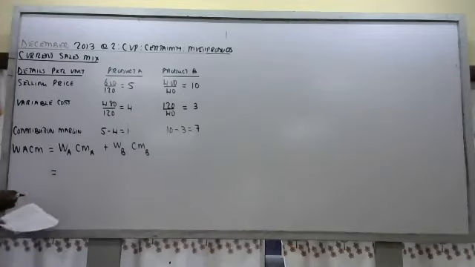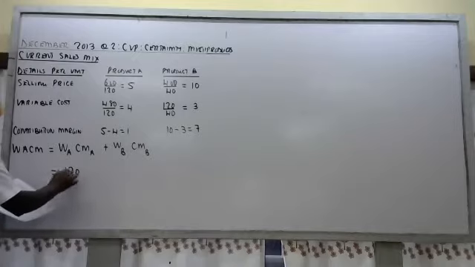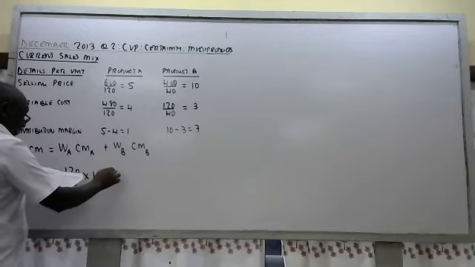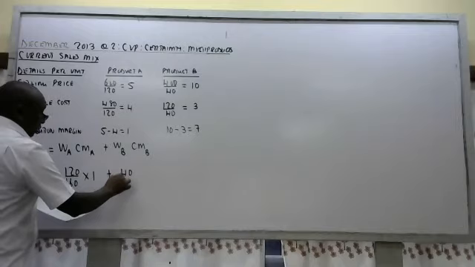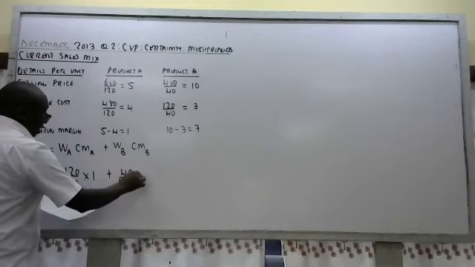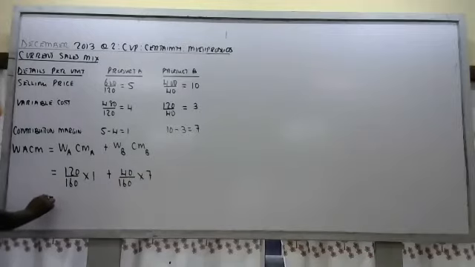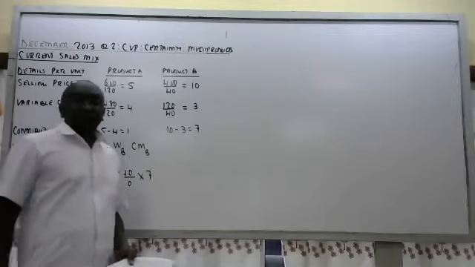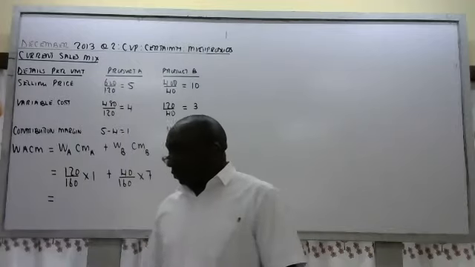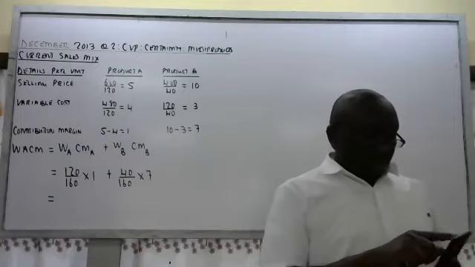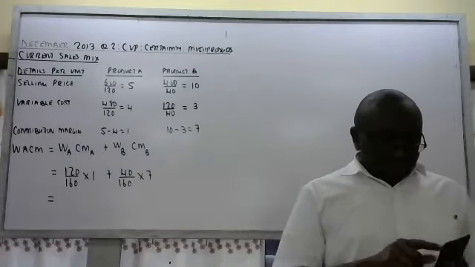So the units of A, as you can see up there, are 120 in a total of 160, times 1, plus 40 divided by 160, times 7. So work out that and tell me what is the answer.